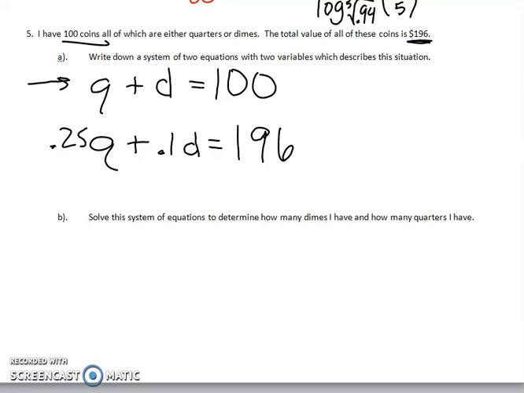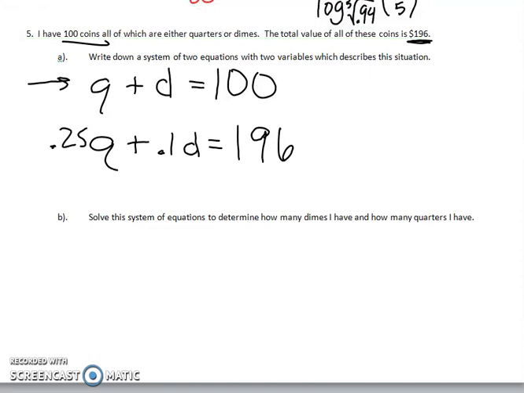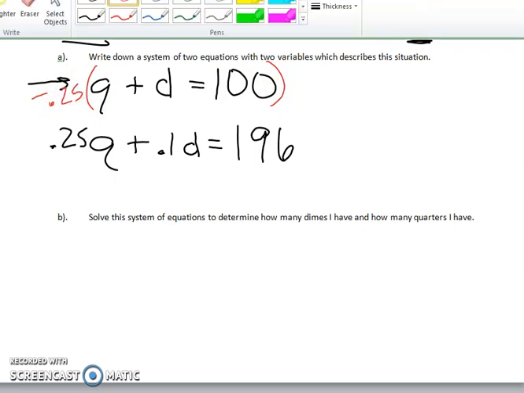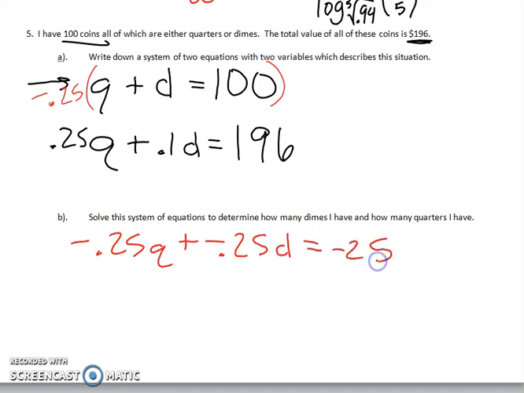So we've got a system of equations up here. I need to eliminate something. So I'm going to take negative 0.25 times my top equation. And when I do that, I end up with negative 0.25Q plus negative 0.25D equals negative 0.25 times 100 gives me negative 25.